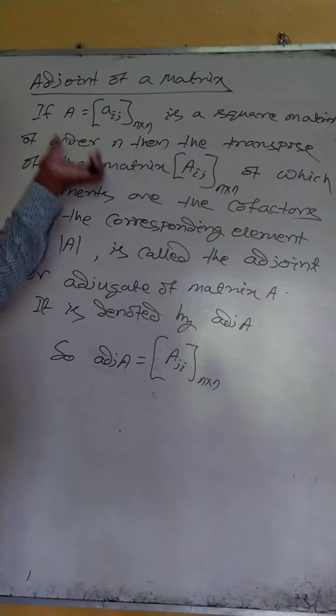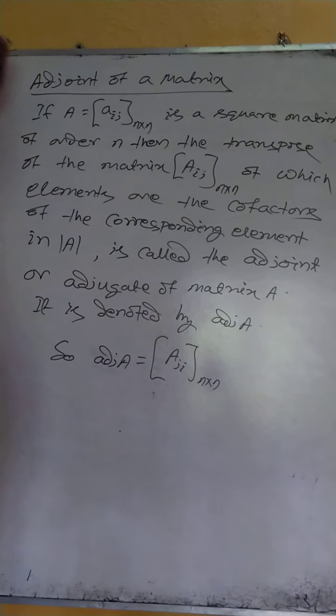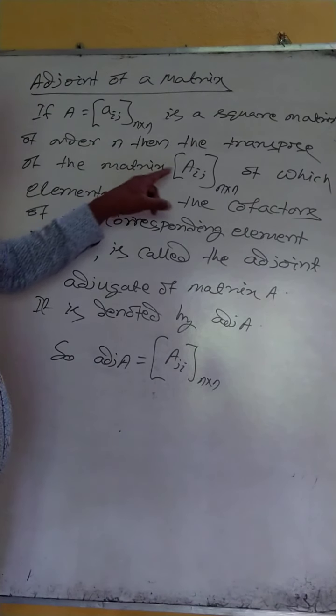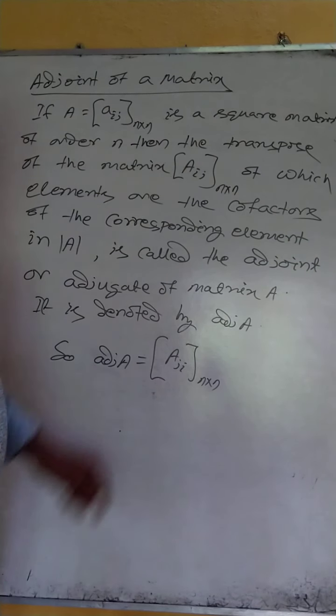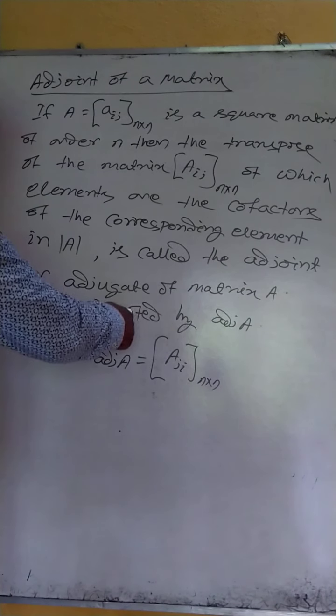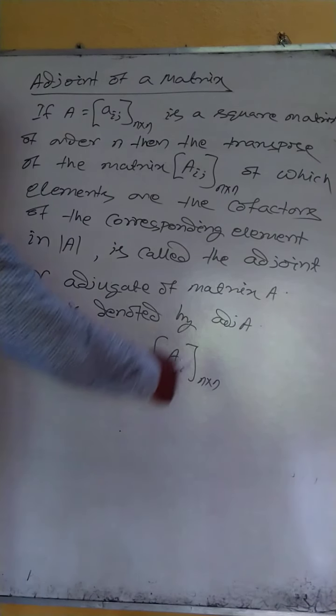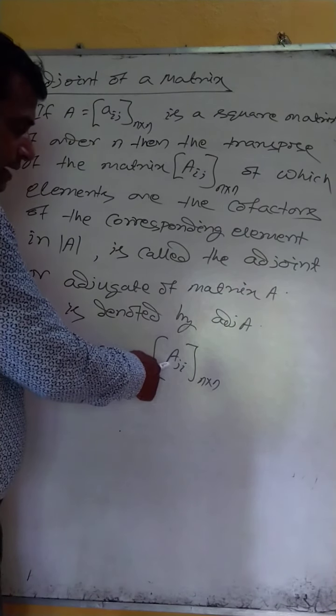Then the transpose of the matrix capital A_ij, where capital A denotes the cofactor of the elements of small a. Suppose the element is a11, its cofactor we write as capital A11. So adj A is equal to capital A_ji.